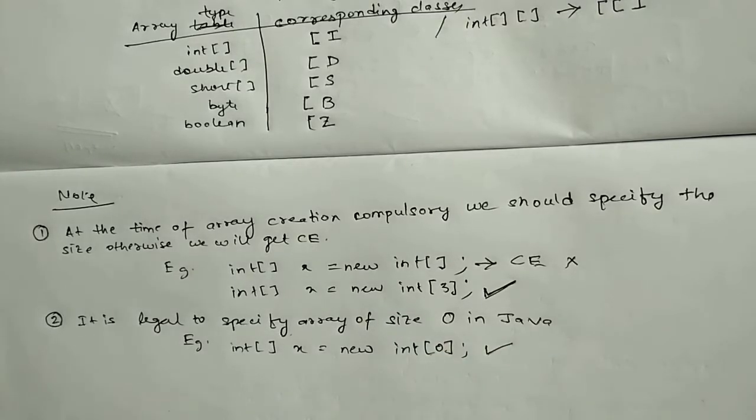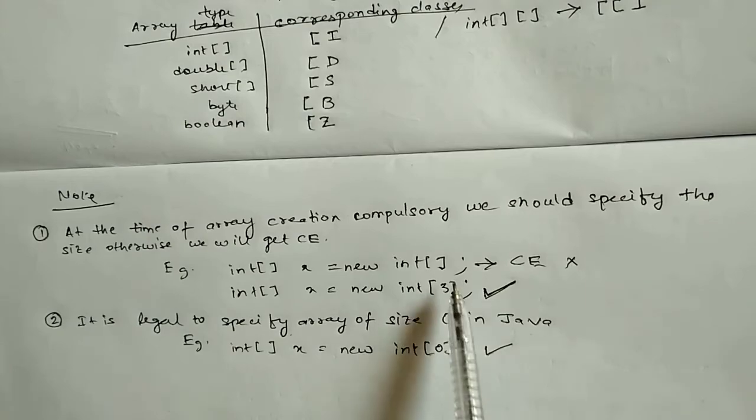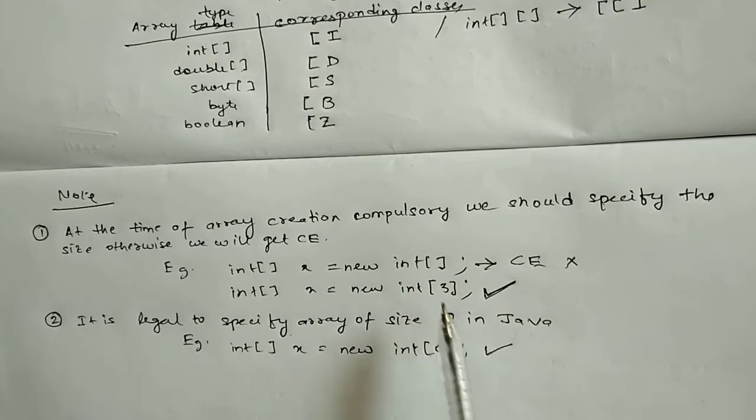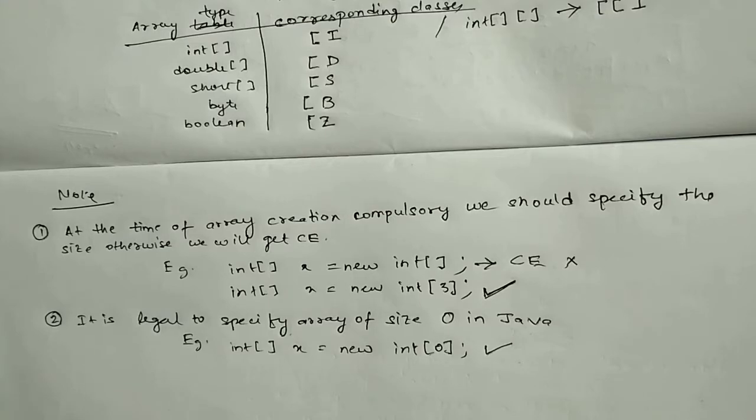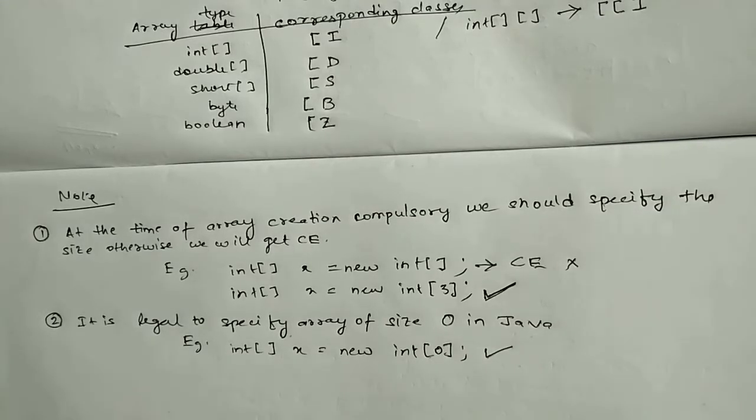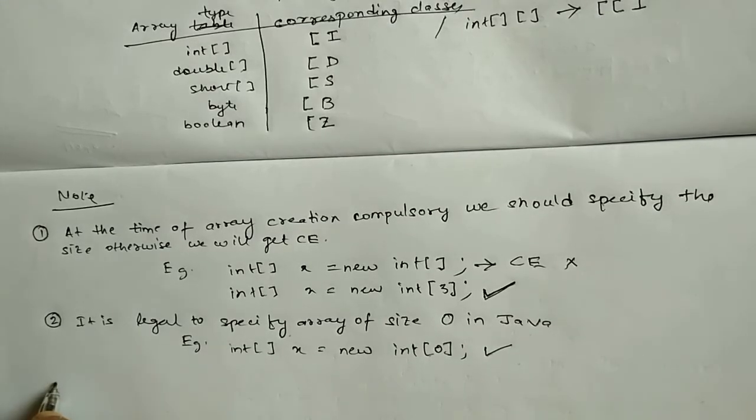This is valid, so there is no compile time error. We have to define a size, and we can define the size as 0. But if we specify the size of the array as a negative number, then we will get a runtime exception saying negative array size exception.